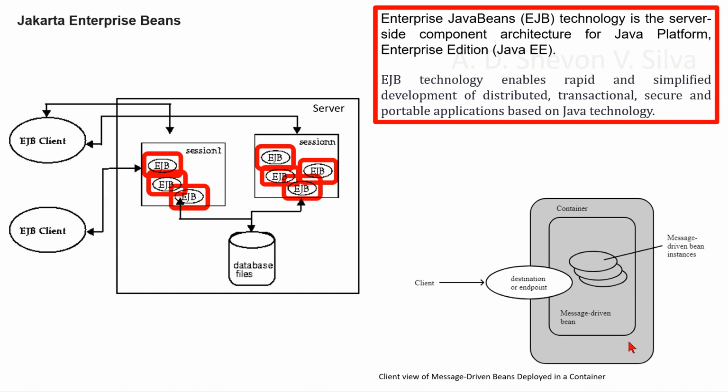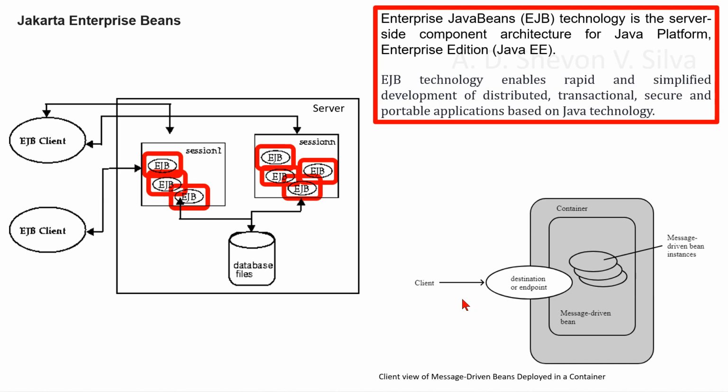From the perspective of the client, the existence of the message-driven bean is completely hidden behind the destination or endpoint, for which the message-driven bean is the message listener. The diagram illustrates the view that is provided to a message-driven bean's clients.